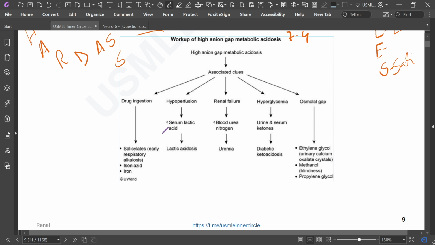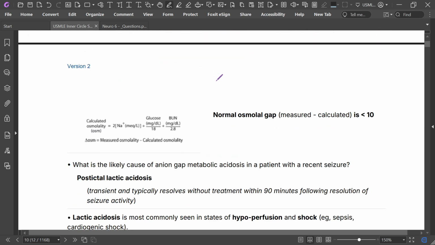These are the drugs that can cause high anion gap metabolic acidosis. Hypoperfusion, with increased serum lactic acid, will cause lactic acidosis. Renal failure, increased BUN, which will cause uremia. Hyperglycemia, urine and serum ketones will cause DKA. An osmolar gap: ethylene glycol with urinary calcium oxalate crystals, methanol, which will cause blindness, and propylene glycol.